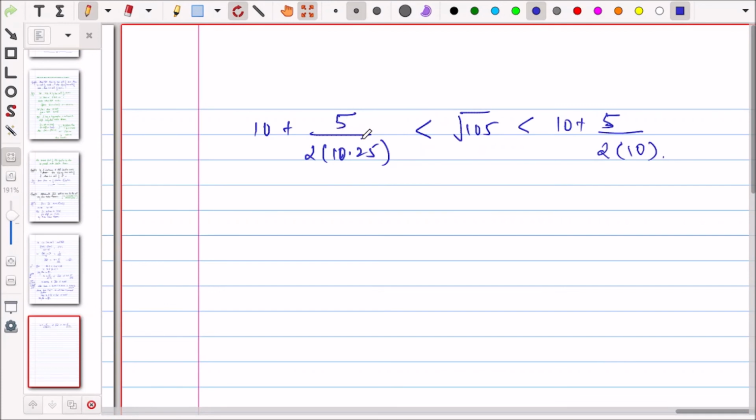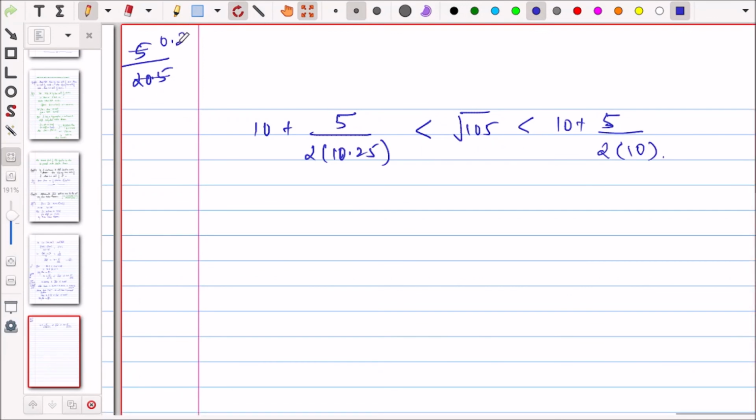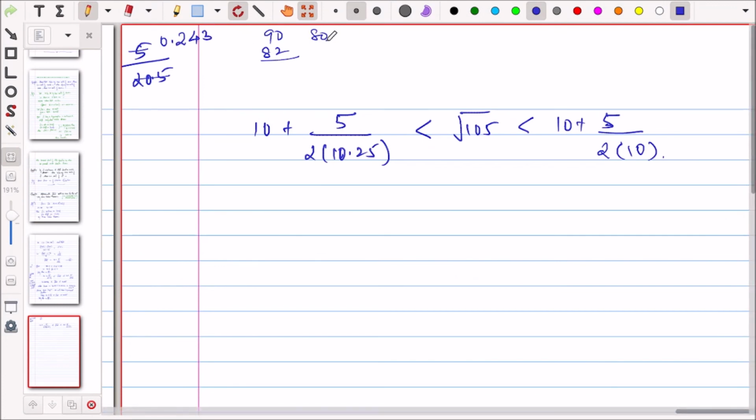अब इसकी वैल्यू क्या आएगी अप्रोक्सीमेटली, इफ यू विल फाइंड इट, तो 5 upon 20.5, right? So this is when you will divide, then ये 50 हो गया, so this is 2, so 41, 9 आ गया, तो 9 के लिए you will have to get 4, so 4 से करोगे तो 90 और 4 से करोगे तो you will get 82, right? So you get 80, so this is 3.